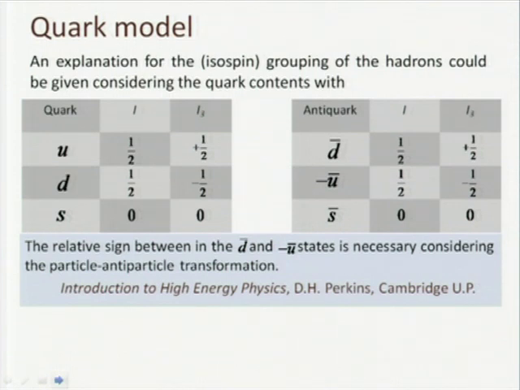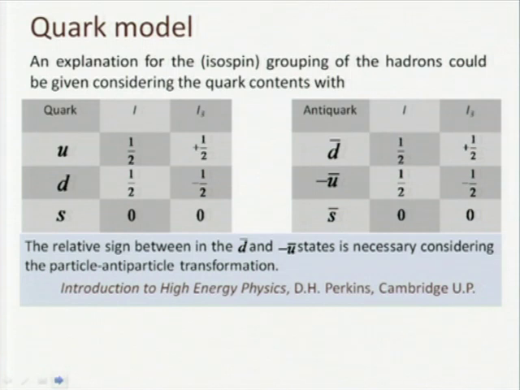If you look at the isospin, the transformation will tell you that u goes to u bar and the third component goes from half in the case of u to minus half in the case of u bar.